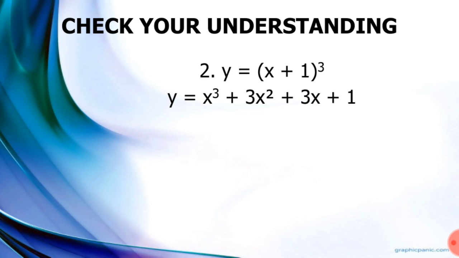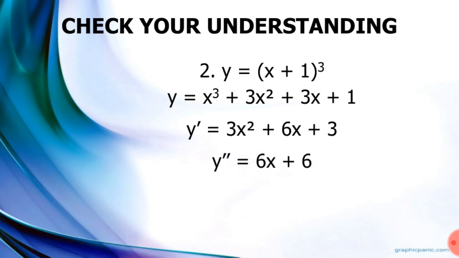Now we will get the first derivative, which is 3x squared plus 6x plus 3. Next, the second derivative is y double prime, which is equal to 6x plus 6, and the third derivative is equal to 6.